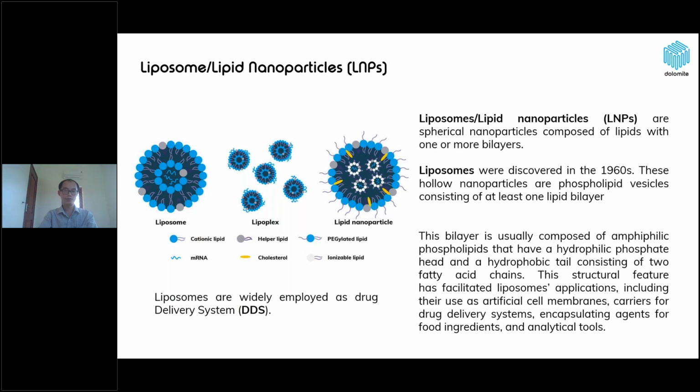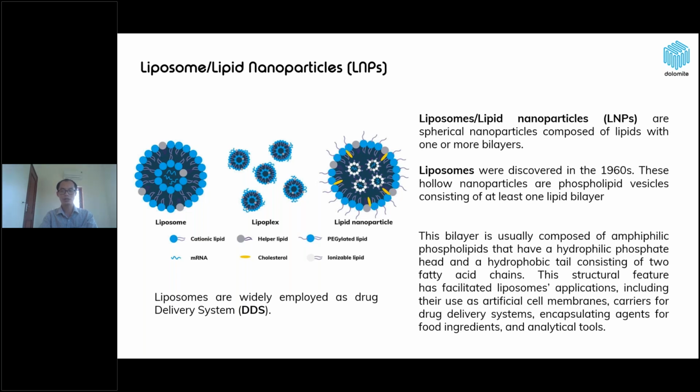Liposomes were discovered in the 1960s. These hollow nanoparticles are phospholipid vesicles consisting of at least one lipid bilayer. This bilayer is usually composed of amphiphilic phospholipids that have a hydrophilic phosphate head and a hydrophobic tail, which consists of two fatty acid chains.